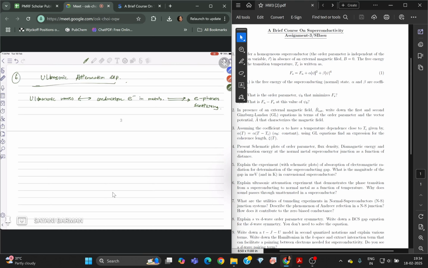loss acoustic mediums. So this experiment, the ultrasonic attenuation experiment, gives us the evidence, the proof of the superconducting gap and the transition to a phase coherent superconducting state, right? So from this experiment, what do we see?